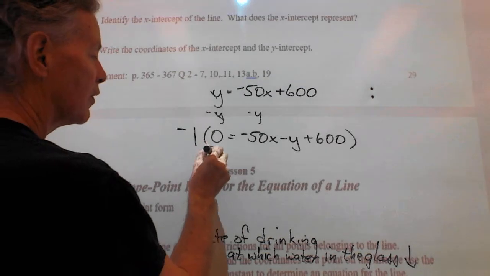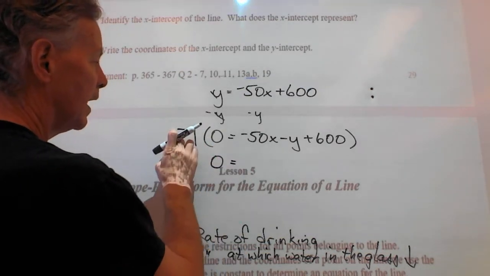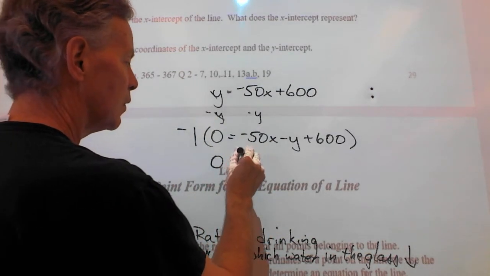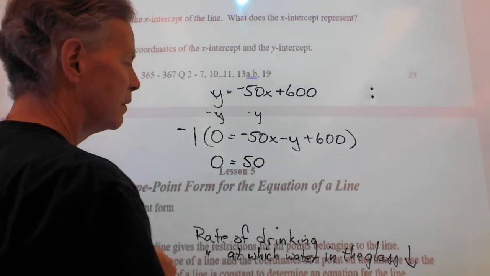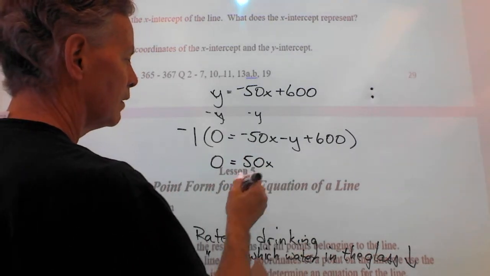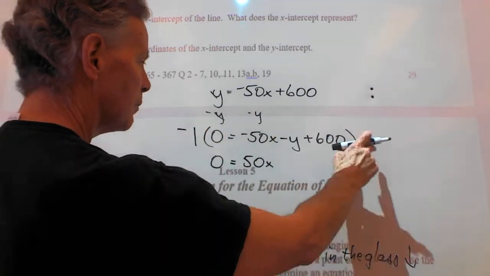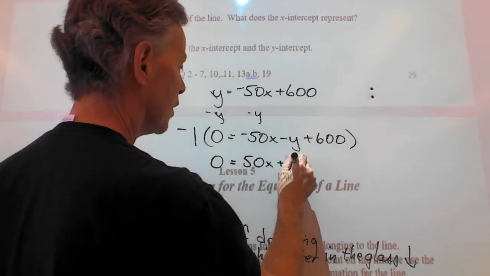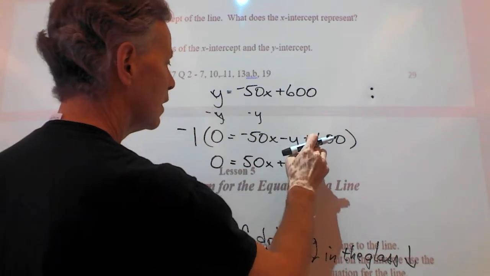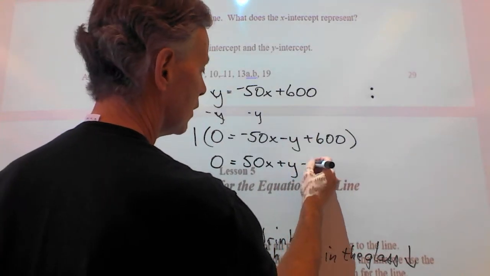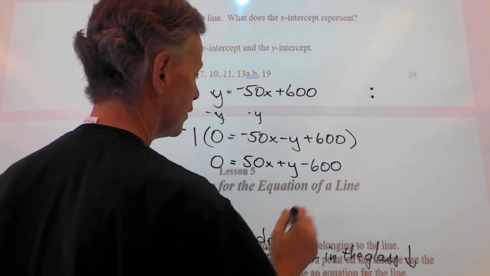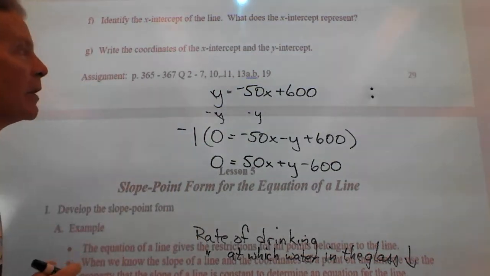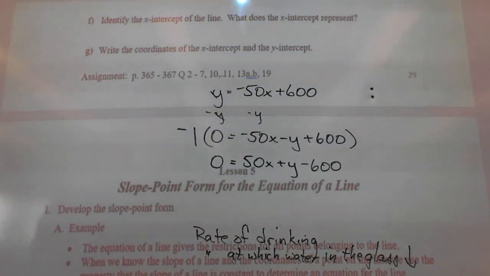Negative 1 times 0 will give us 0. Negative 1 times negative 50 will do what we want it to, change that to positive 50. Don't forget to multiply this by every term. Negative 1 times minus y will give us plus y. Negative 1 times 600 will give us minus 600. And there you have it in general form.